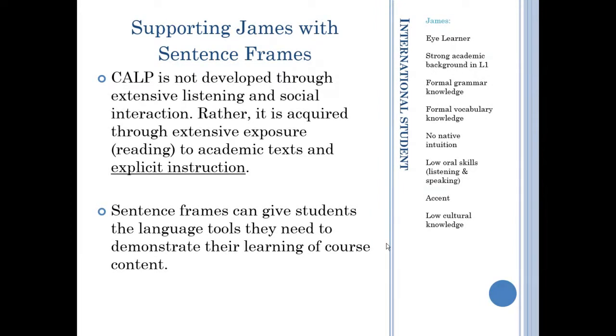And then Lucia, probably our most proficient English speaker, because you know how we talked about her CALP and her first language is not as much. So she might not have all the reading strategies that James has.